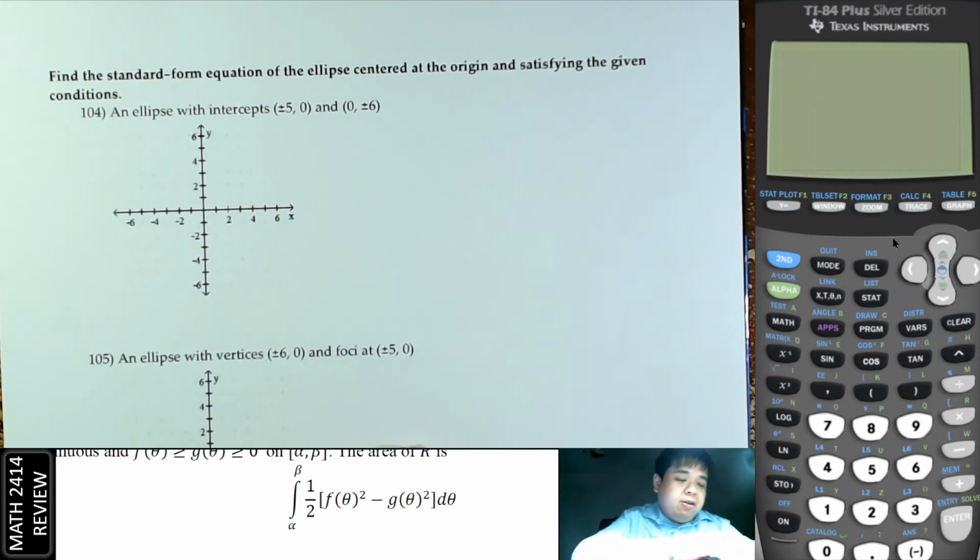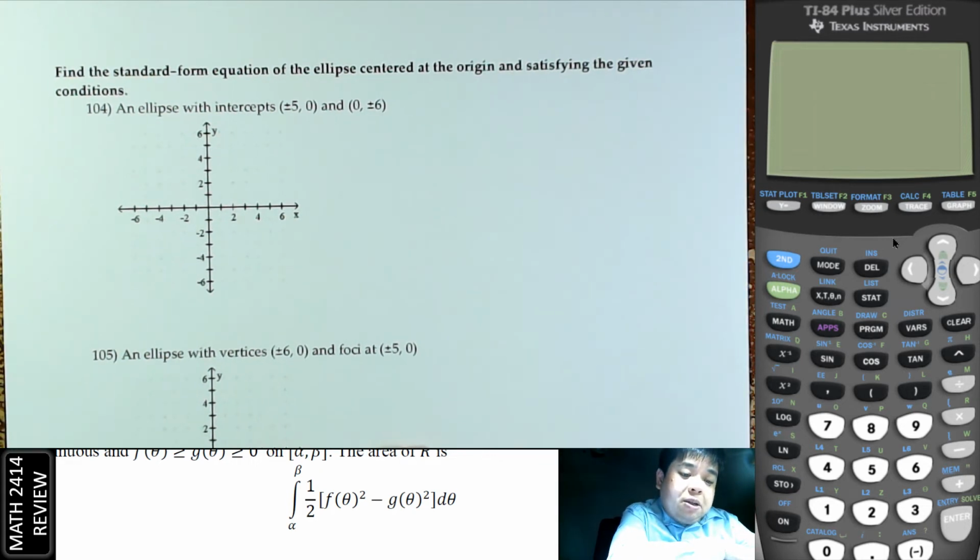Right. Next we have: find the standard form for the equation of an ellipse centered at the origin that satisfies these conditions. Right.